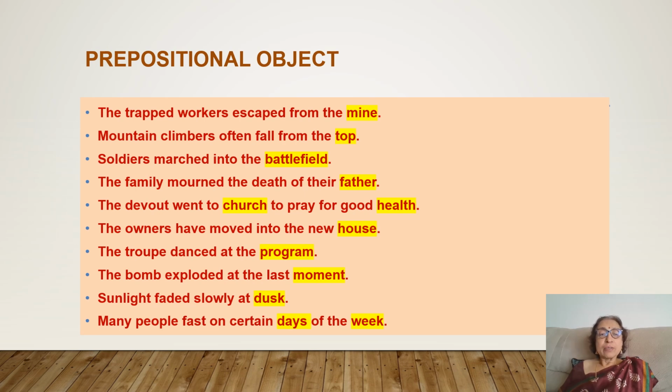We cannot say "mountain climbers often fall the top." That sentence is not correct English. So we say from, which is again the same preposition as before. From adds. Preposition's work is to add, to stick. So to stick the top to the rest of the sentence, you apply the glue, and that is your preposition.